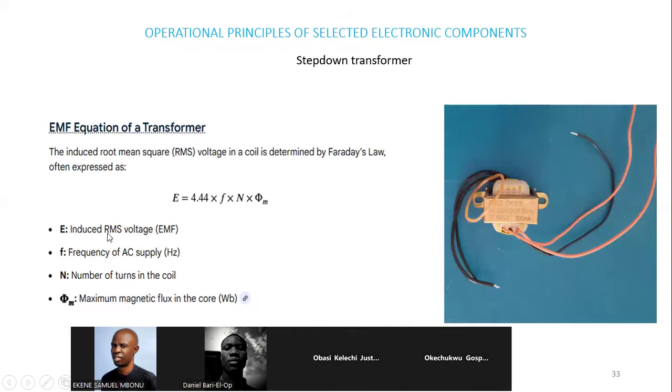E is the induced root mean square voltage; we will get to know what root mean square voltage is all about later in this lecture. f is the frequency of the source, N is the number of turns in the coil, while phi is the magnetic flux in the core measured in Weber.